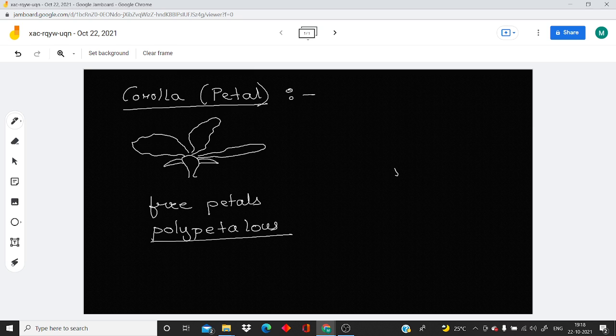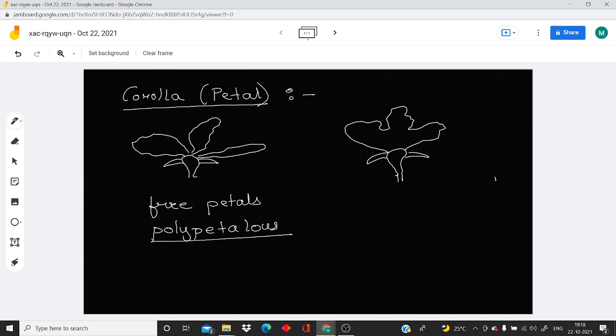Okay, and in the second case, we can actually draw the thalamus. This is the thalamus. Never mind, the shape looks a little awkward, weird shape. Here, if you look, the petals will be all fused together like this. The petals are fused together.